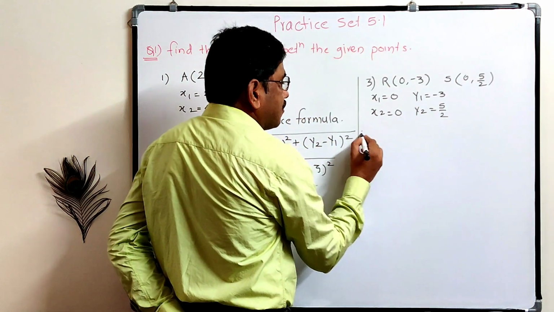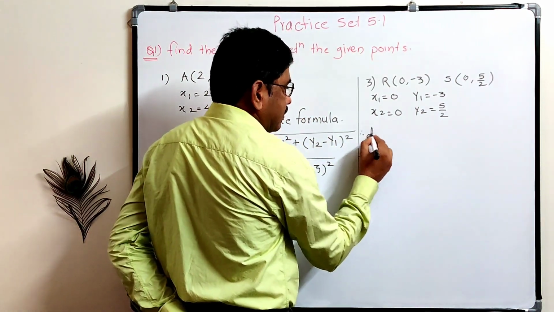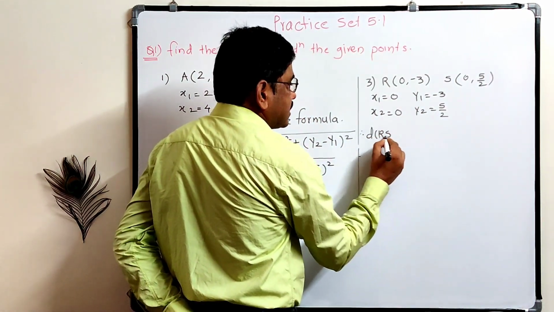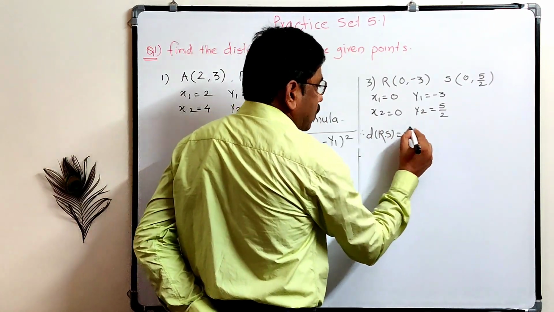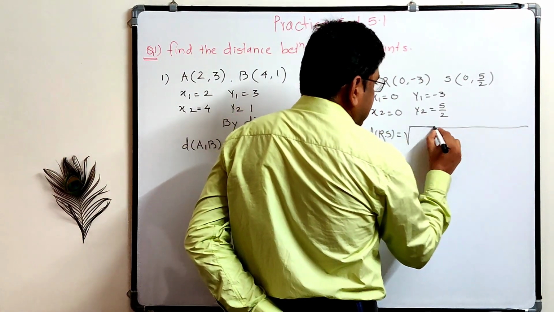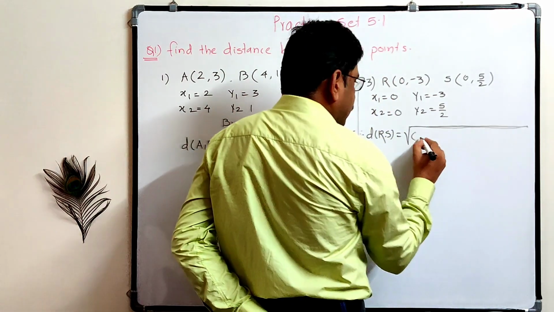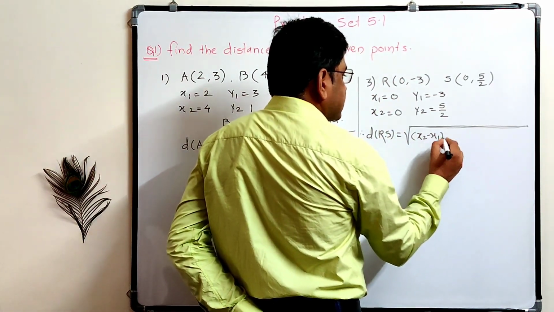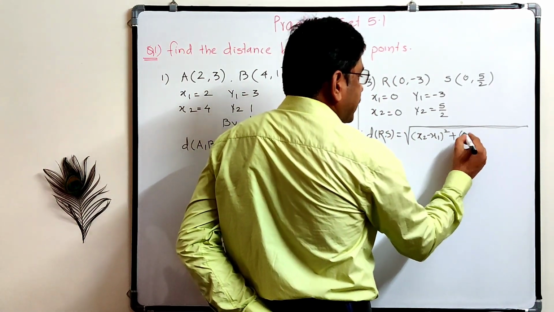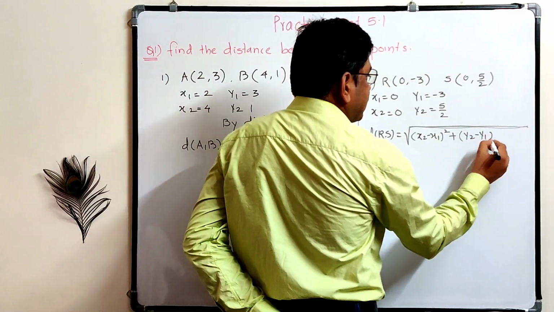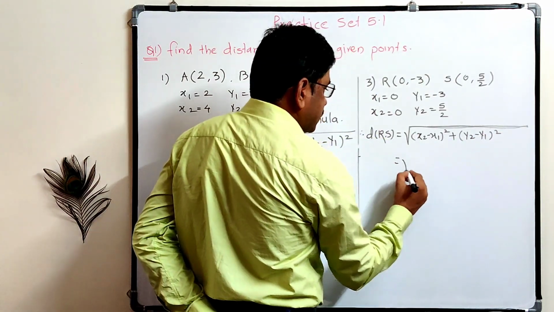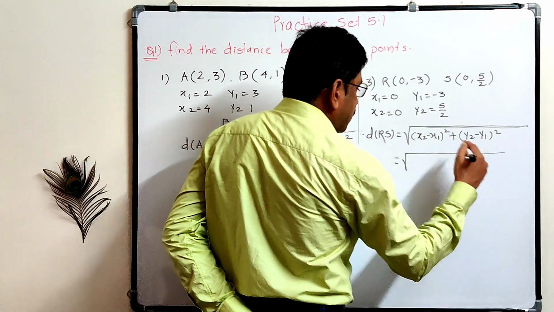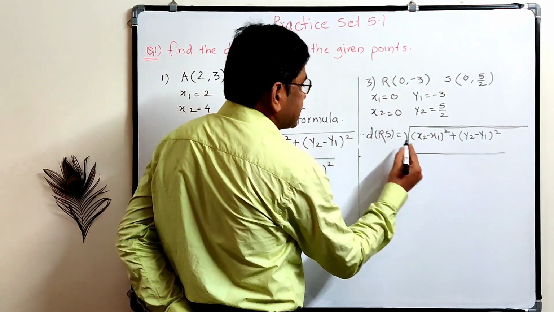Write the formula by distance formula. Distance RS is equal to root of (x2 minus x1) bracket square plus (y2 minus y1) bracket square. Now substitute the values. Here both are 0 in first case.